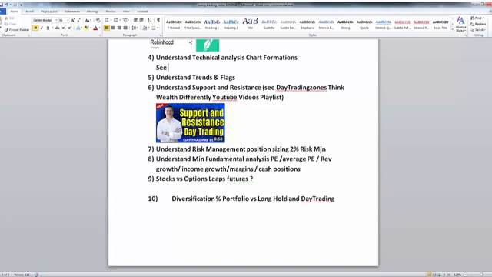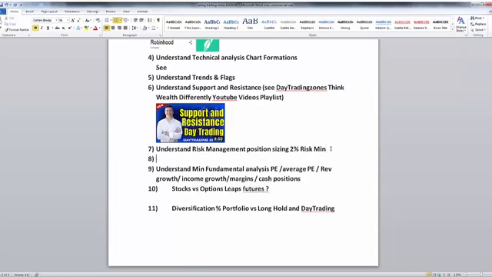Number 7, understand risk management on directional trades, even if it is a position trade or a swing trade and you are a beginner. Never risk more than 2% of your amount at risk. So let's say you make a swing trade on Amazon. Again, I'm taking the 2000, and let's say it's at $2,000 even price, right?